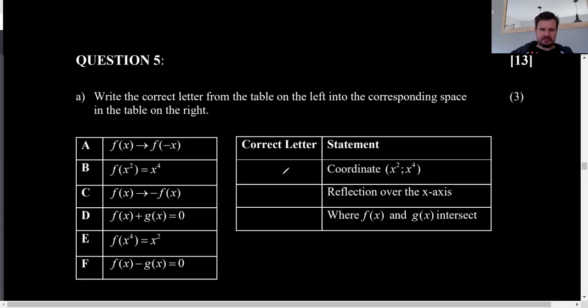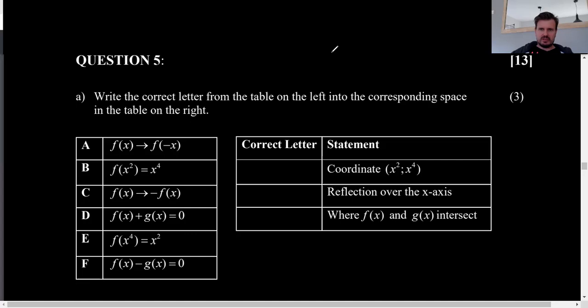Okay, so let's look at what each of these mean. A says f of x mapped to f of minus x. So what that means is the x values change from positive to negative.